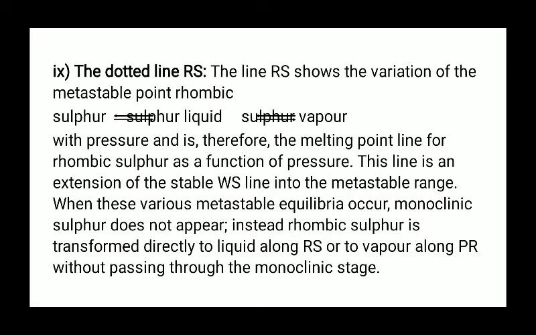When these metastable equilibria occur, monoclinic sulfur does not appear. Instead, rhombic sulfur is transformed directly to liquid along RS, and to vapor along PR, without passing through the monoclinic stage.